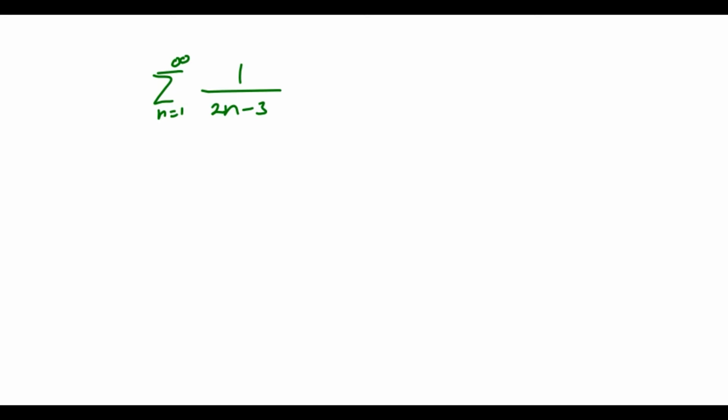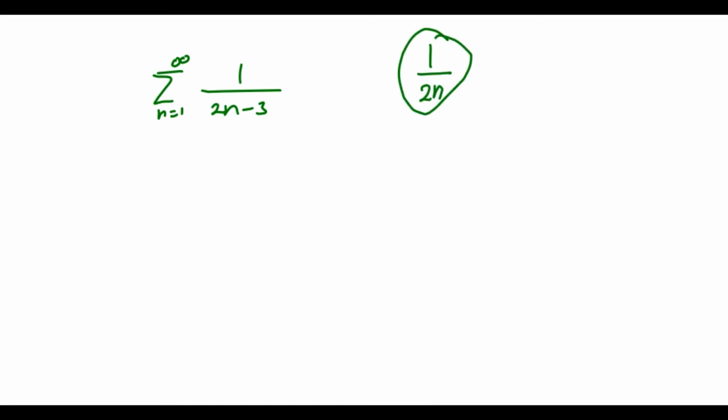The direct comparison test works in this way. Just focus on what is significant in the expression that you have. One thing that I'm able to observe here is that this minus 3, as n goes to infinity, will be redundant. So I'm just going to focus my attention on the part that is the most significant, to determine whether it converges or diverges, and if it converges, what value it converges to. So I'm going to have 1 divided by 2n.